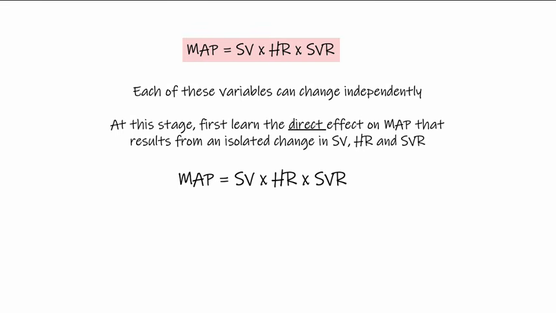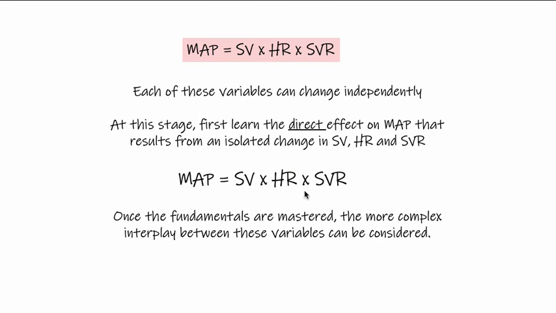So this is what I want you to think. If I tell you that we do something to increase the stroke volume, you should immediately think that then is going to increase blood pressure. If we do something to increase heart rate, that will increase blood pressure. And if we do something to increase SVR, that also is going to tend to make us increase blood pressure. Okay.